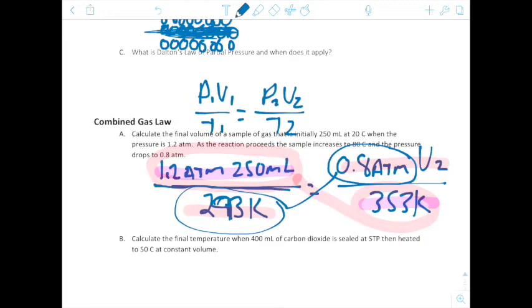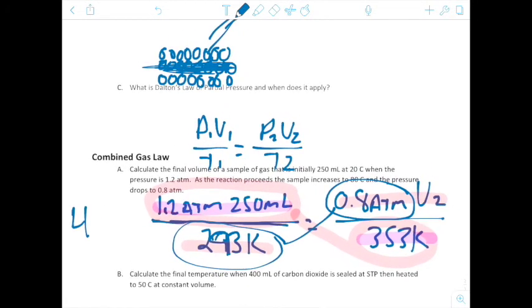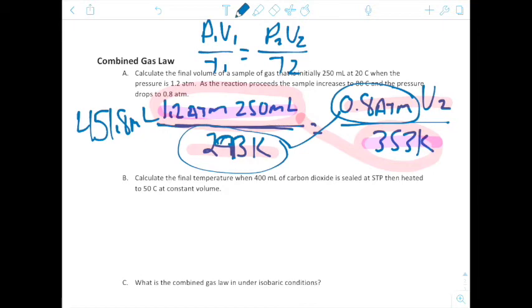We'll divide that out and we should get a volume of 451.8 milliliters.